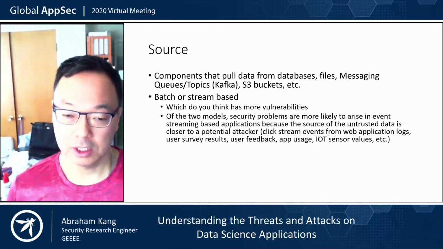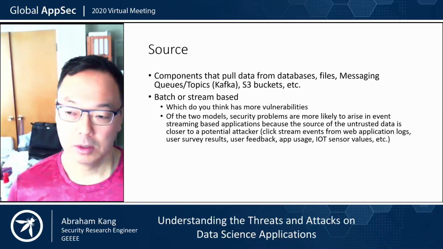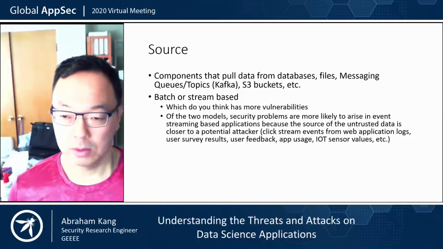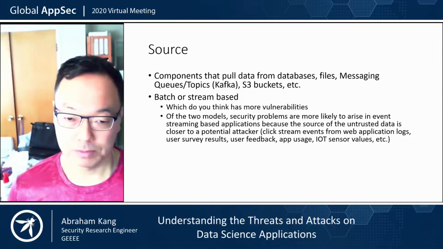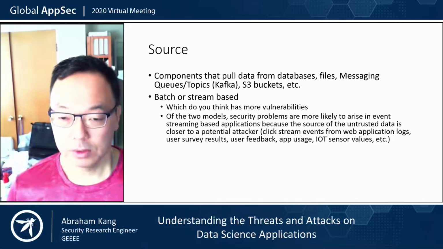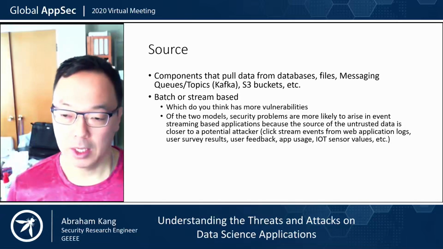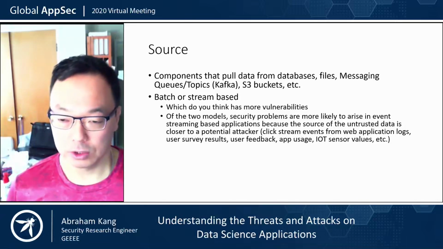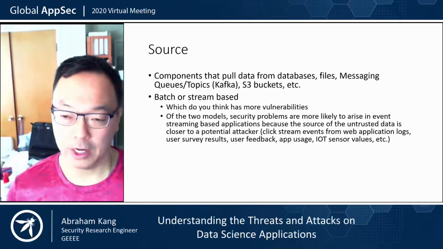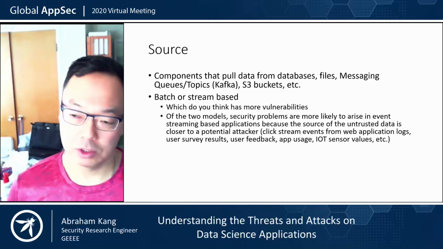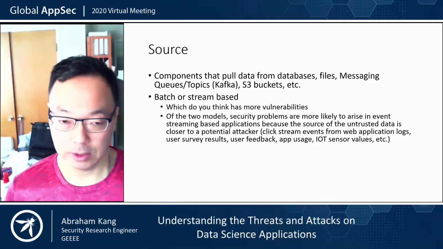However, an attacker can insert their attack payloads into the web application logs through their usage of the application, or user feedback, or the URLs that are being sent to the backend systems for their app usage, or the IoT sensor values that are being sent.